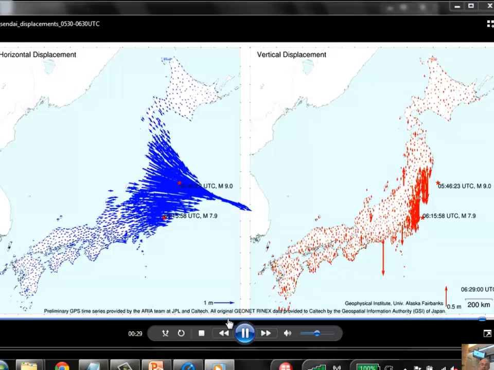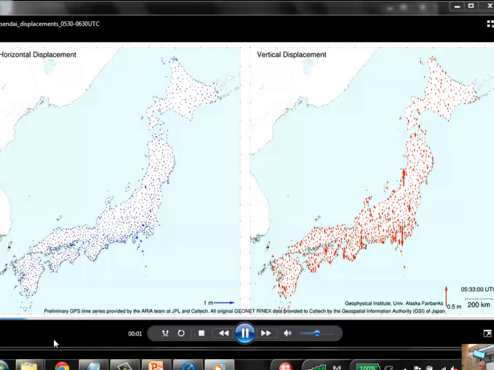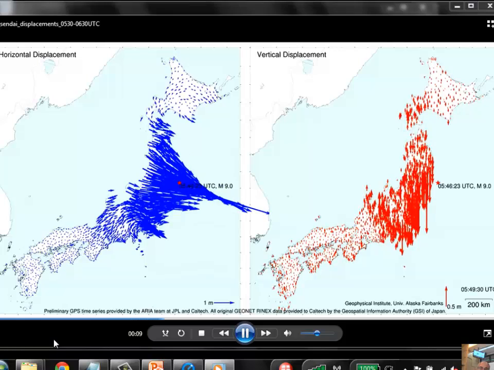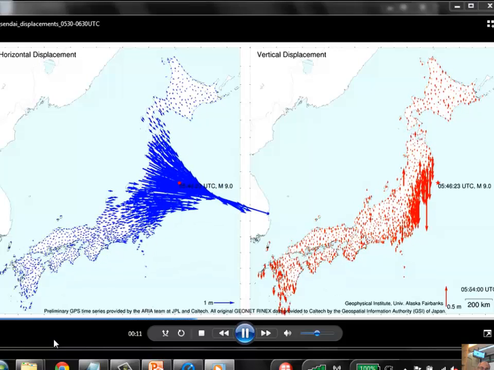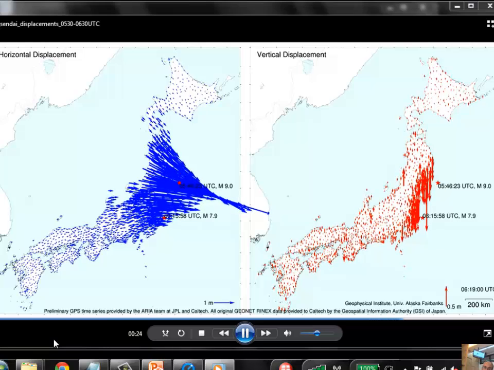And so what you can see here is, watch it one more time, and then I'll interpret it. So this is complex because it has dynamic parts, but the main shock with big waves moving through Japan. And then there's an aftershock, right, about now.